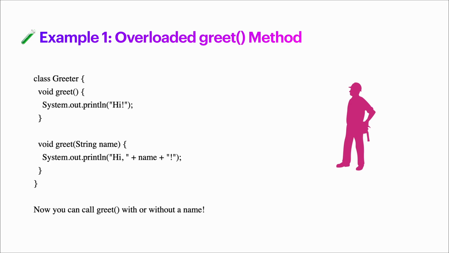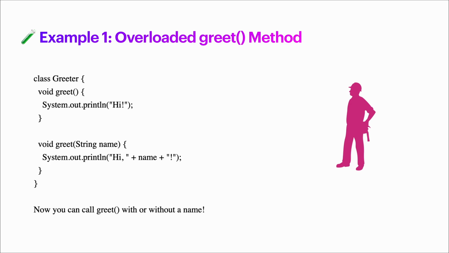Then the next one is void greet, but it comes with a parameter. The parameter is your name. Again, it is void because it's not returning anything. Now we're using the name in the System.out.println to make sure the user has a name.